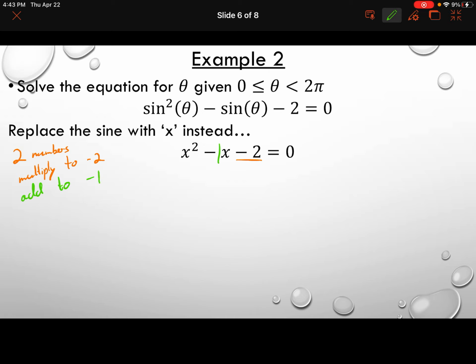So two numbers that multiply to negative 2 and add up to negative 1. Well, what about 2 and negative 1?